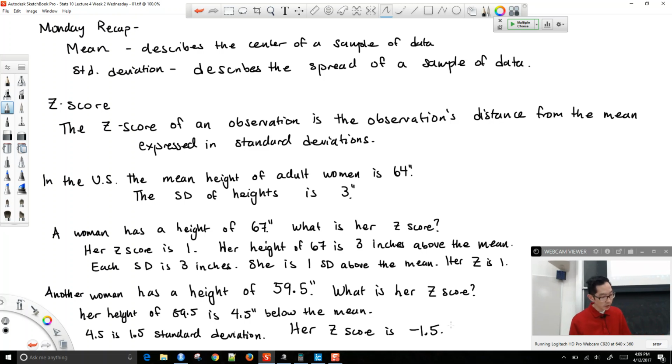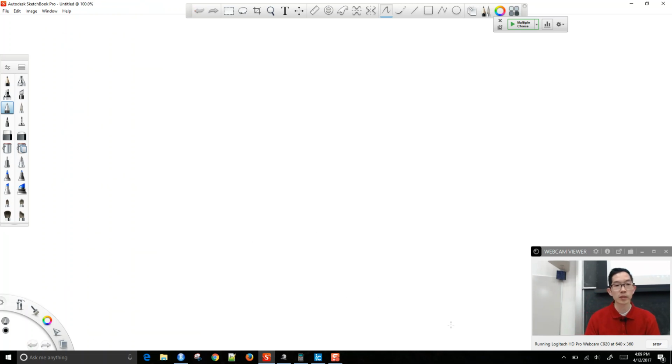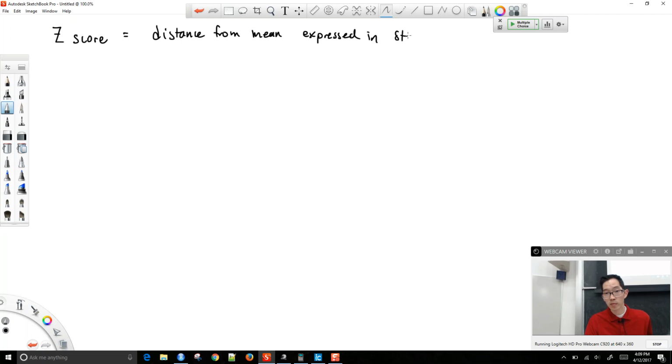And so I can give you a formula for z-scores. Again, the z-score is the distance from the mean expressed in standard deviations. So z is equal to x minus x bar divided by s, or x minus the mean.